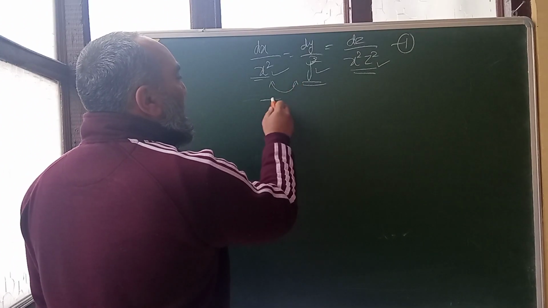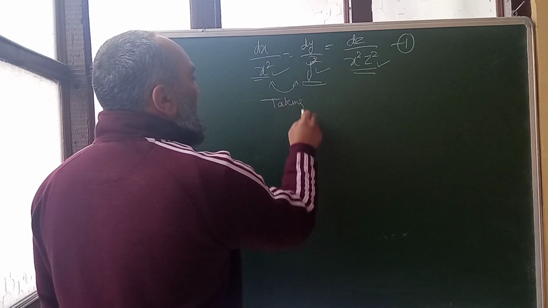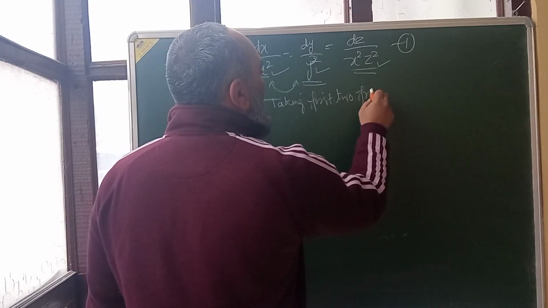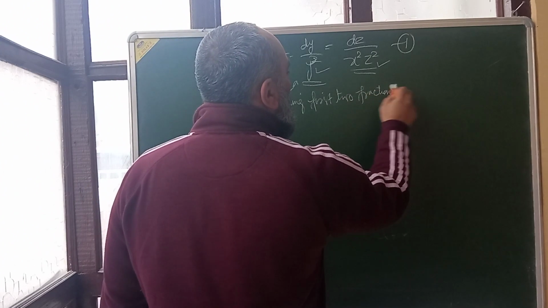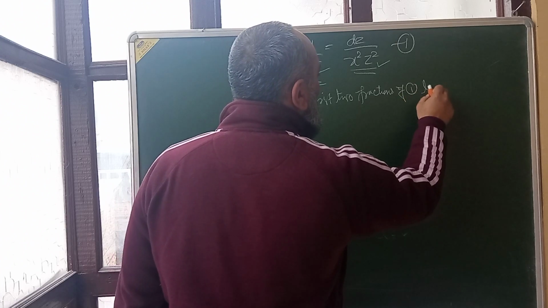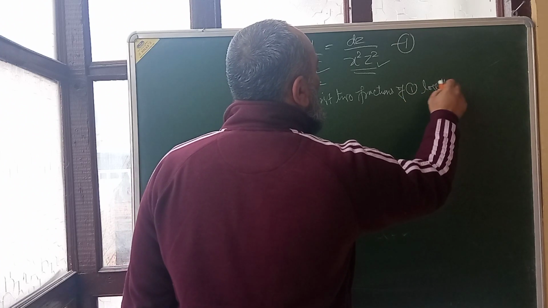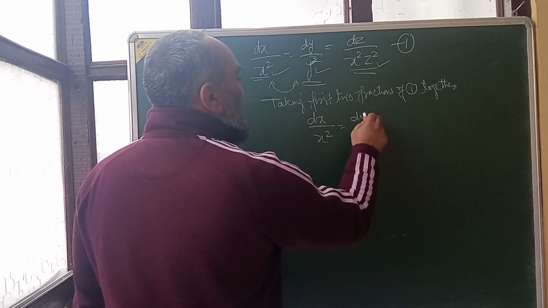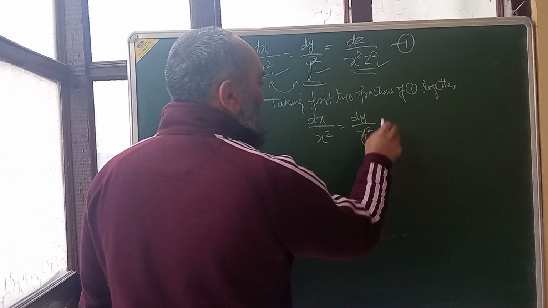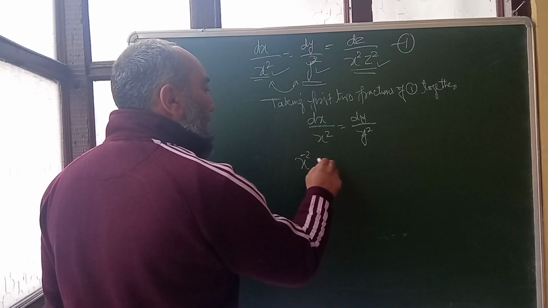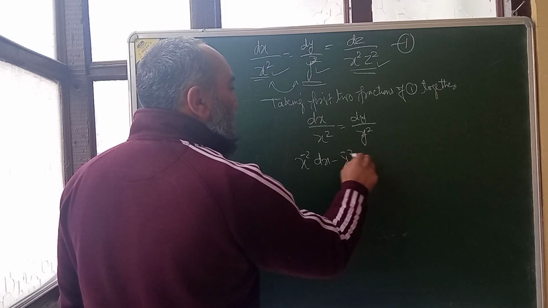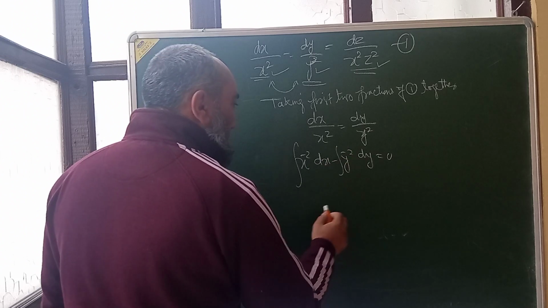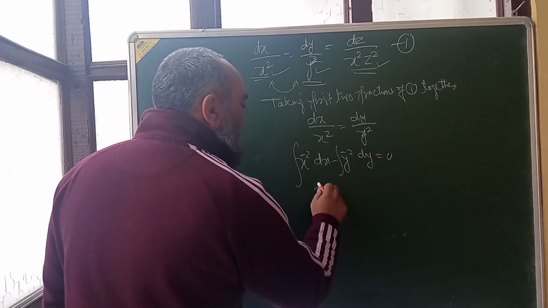Taking first two fractions of 1 together, what will we get? dx by x square equal dy by y square, meaning x raised to power minus 2 dx minus y raised to power minus 2 dy is equal to 0. Now integrate this. I will get x raised to power minus 1.